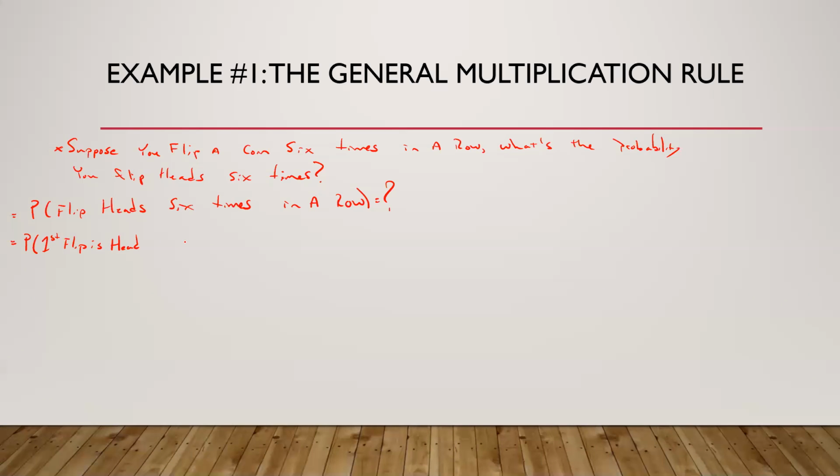What does the second flip need to be? Also heads. What does the third flip need to be? Yep, you can see the pattern. And then the fourth is a head, fifth is a head, and then finally the sixth flip is a head.